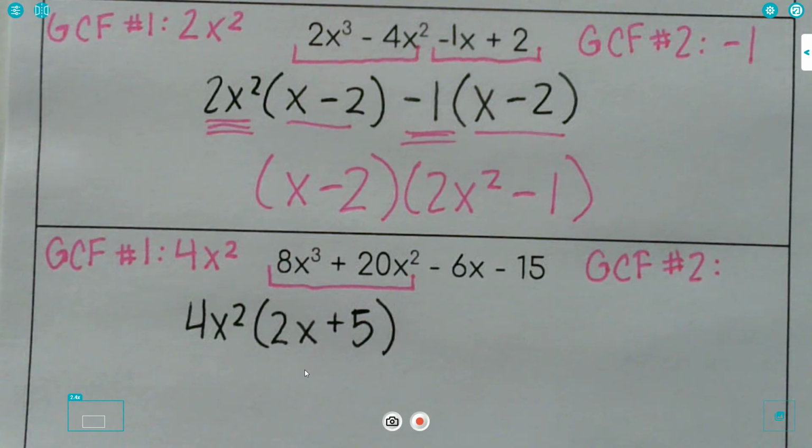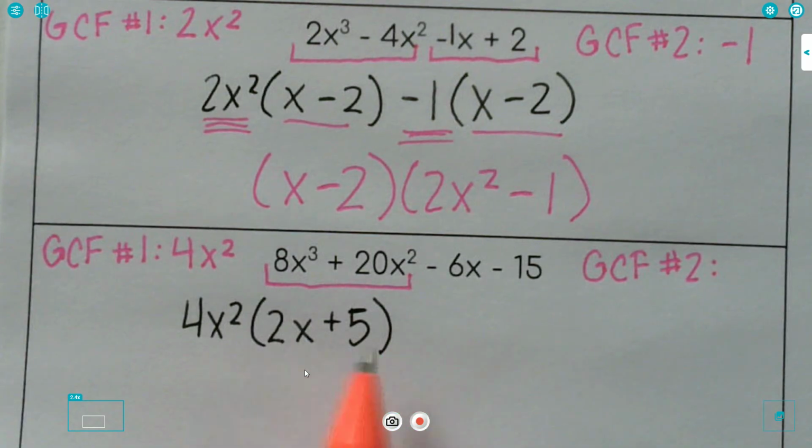If you are struggling to ever find that, you need to leave behind 2x plus 5. So you can just look at the -15, and ask yourself, what do I need to divide -15 by in order to leave behind 5? So you can ask yourself that in two different ways.